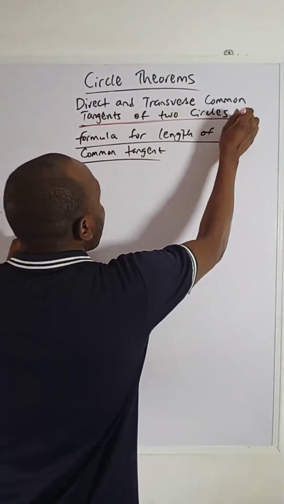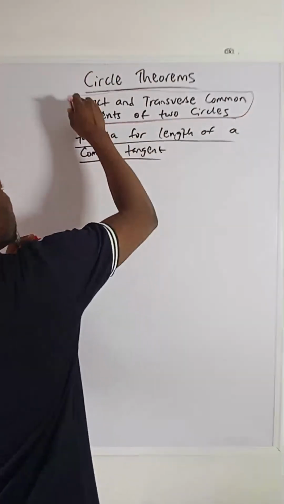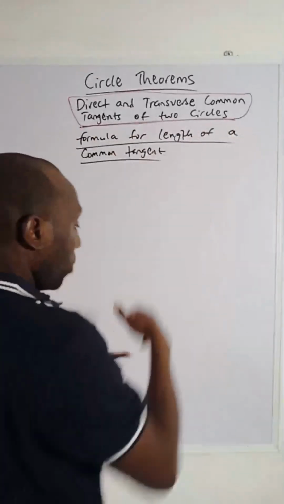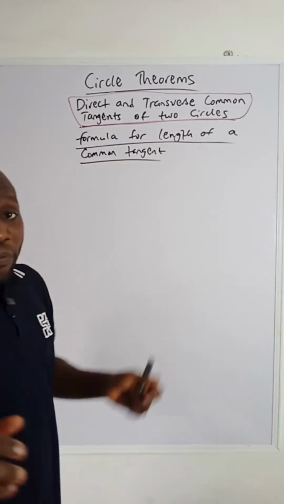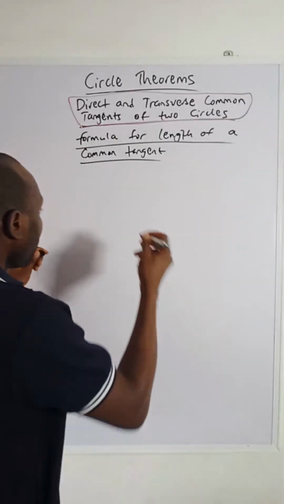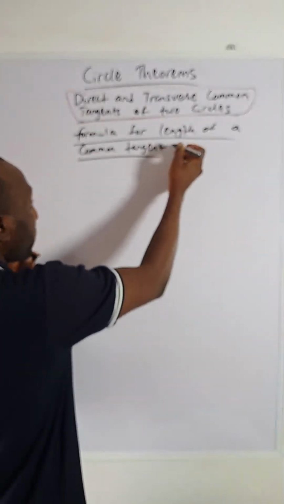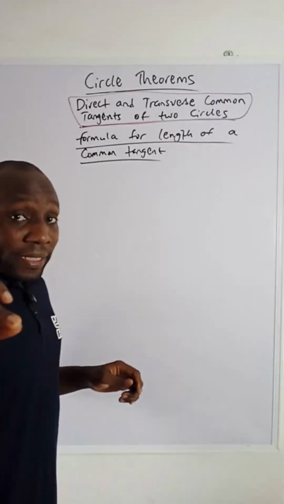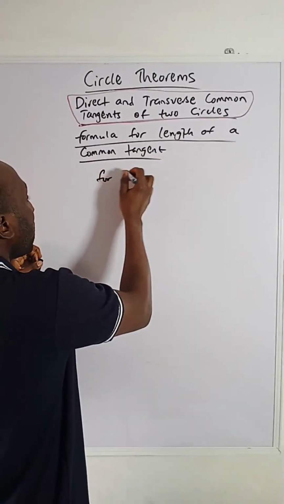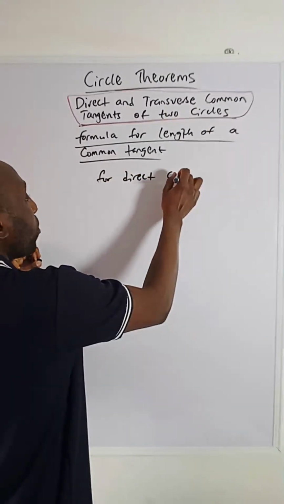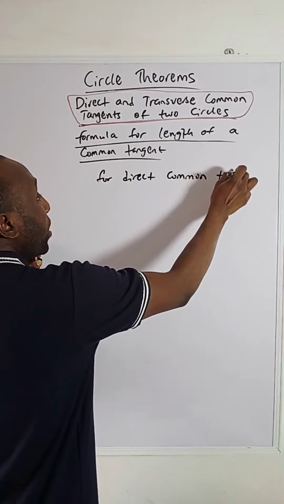So this is like a subtitle. Okay, so the formula for the length of a common tangent. But first, let me write the one for direct common tangent. For direct common tangent, you already know what that is now.